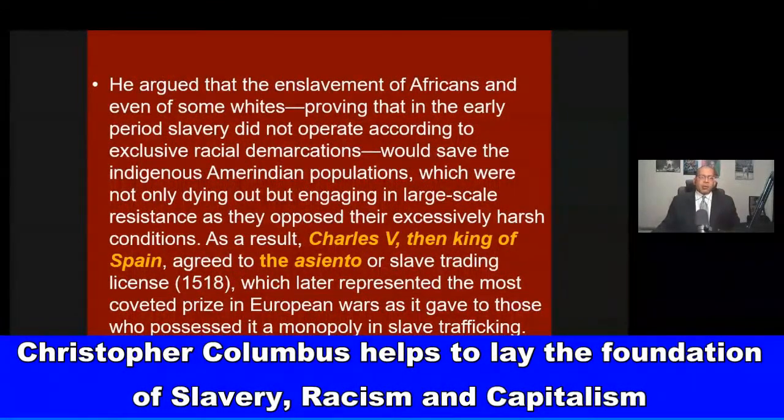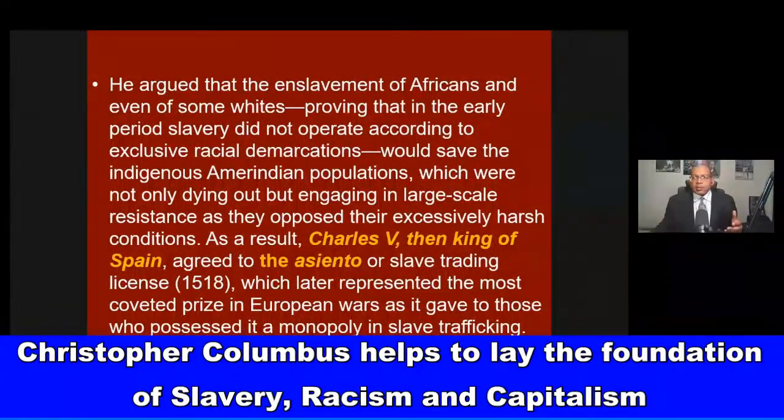He argued for the enslavement of Africans and even some whites, proving that in the early period, slavery did not operate according to exclusive racial demarcations. He argued that this would save the indigenous American Indian populations, which were not only dying out, but engaging in large-scale resistance as they opposed their excessively harsh conditions.